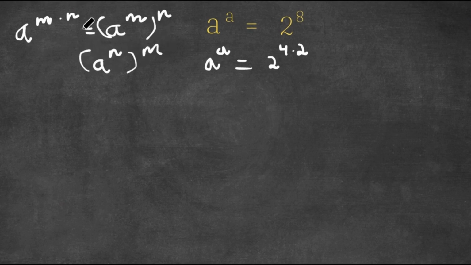It doesn't matter the order because they're both being multiplied, and multiplication order doesn't matter. So now I'm going to write this as a to the power of a is equal to 2 squared to the power of 4.